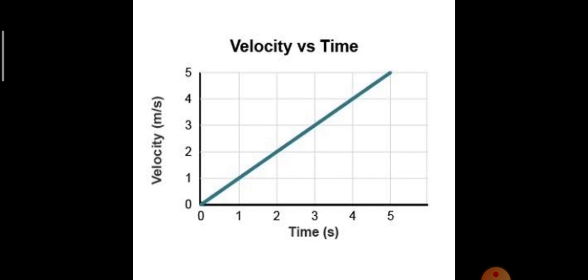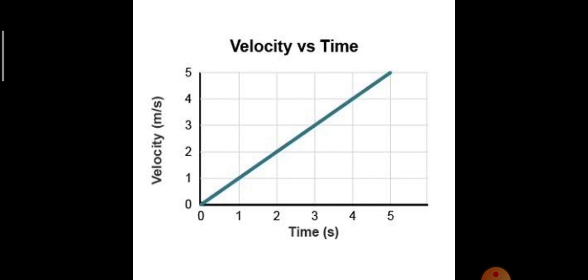But here also we can calculate the magnitude of displacement. What is the shape under the velocity time graph in this case? It is a triangle. So let us take it as OAB, where OB is the base and OA is the height.